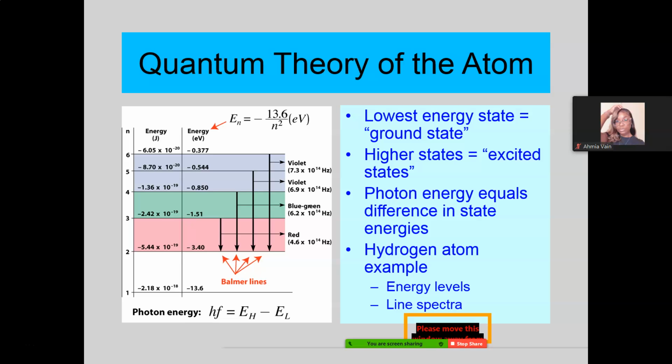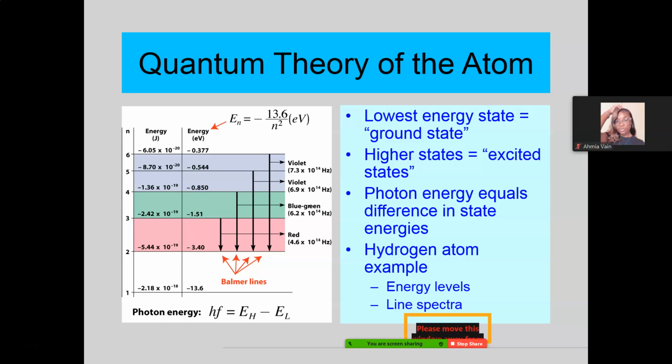Okay, so here's the quantum theory of the atom. This is what I started talking about before most of you got here. I think there were only like 3 people here when we started this. In classical physics, classical mechanics, you always assumed there was a 0 reference level when energy level was 0.